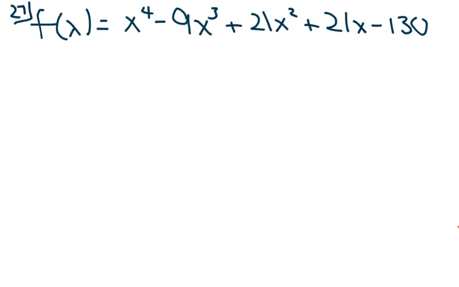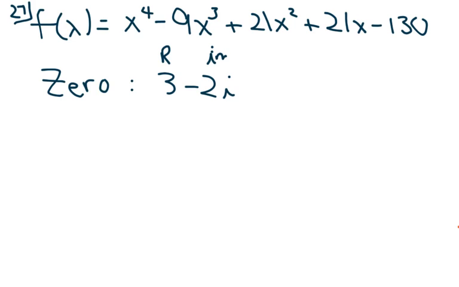All right. Now, they gave us the zero as being 3 minus 2i. This has the real part and the imaginary part. So my conjugate pair that goes with that is 3 plus 2i.